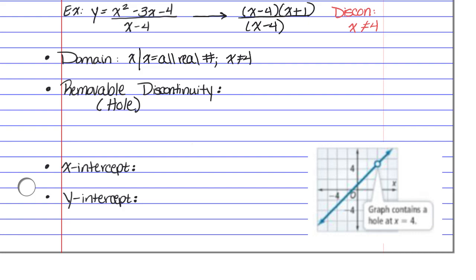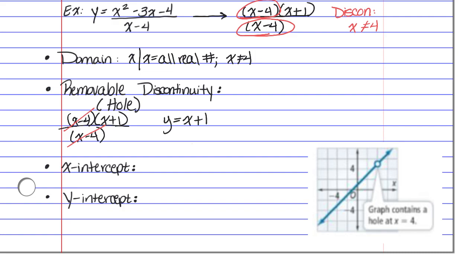Now, if we look at our factors, I have an x minus 4 in both the numerator and the denominator. So that is going to create a removable discontinuity, or a hole in my graph. Looking at my function, I have two factors that cancel out, and so my simplified function is x plus 1.